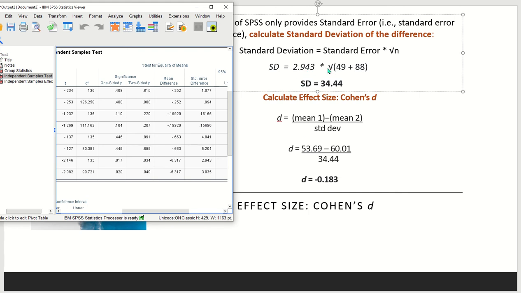And then we put in the total number of people that are in our test. And we had 49 males and 88 women. So we would add those together. And then we would calculate the standard deviation using that formula, and it comes out to 34.44. Yay, we found the standard deviation.